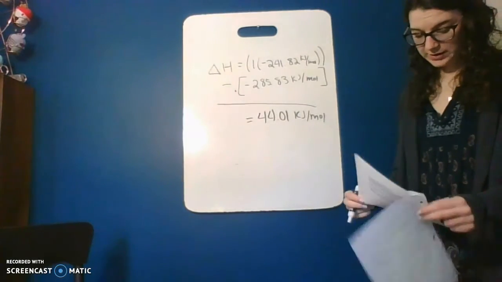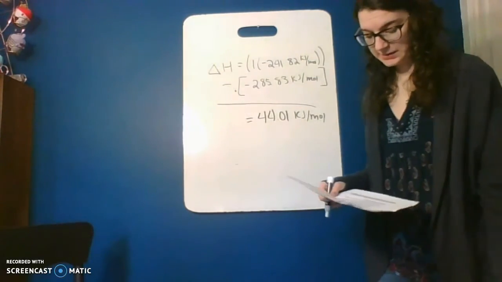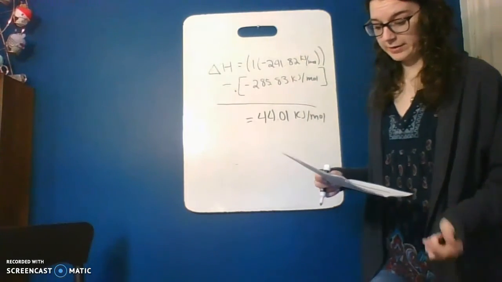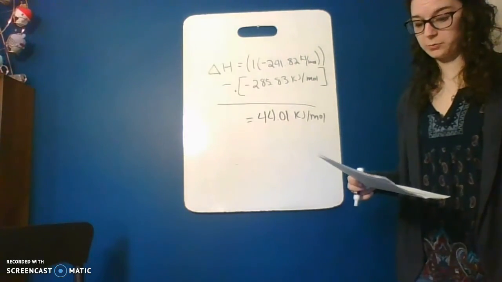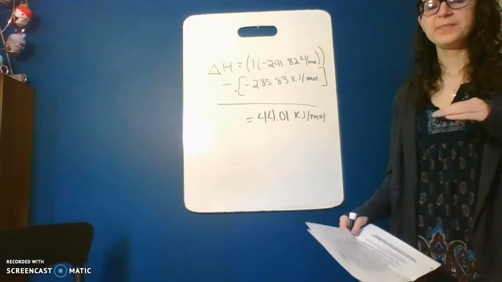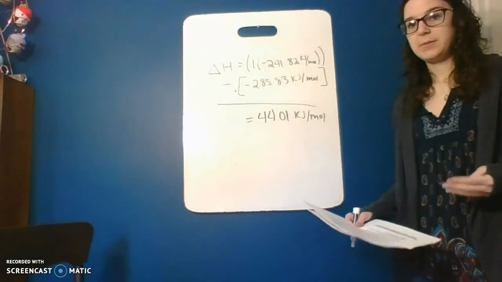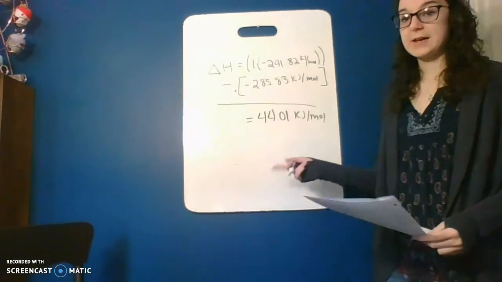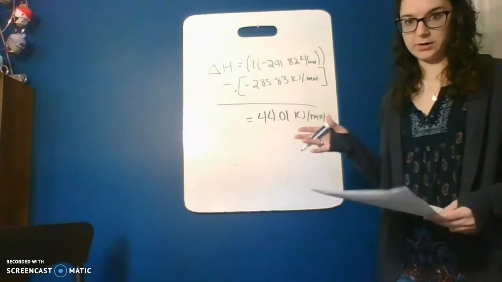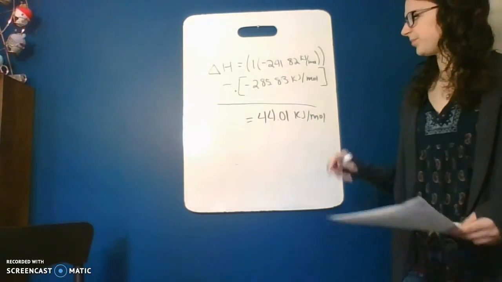Number 4, we are doing the exact opposite. They want to know the standard enthalpy change for the formation of liquid water from water vapor. So now we're going from gas water to liquid water. This is going to be basically the opposite process of this, okay? So I'm basically condensing water from gas to liquid.